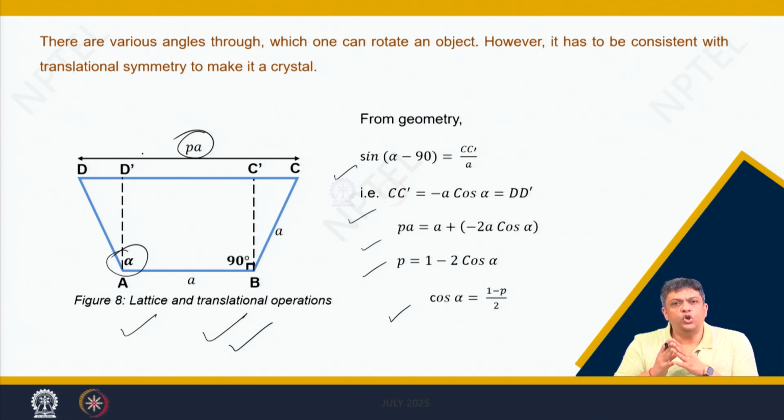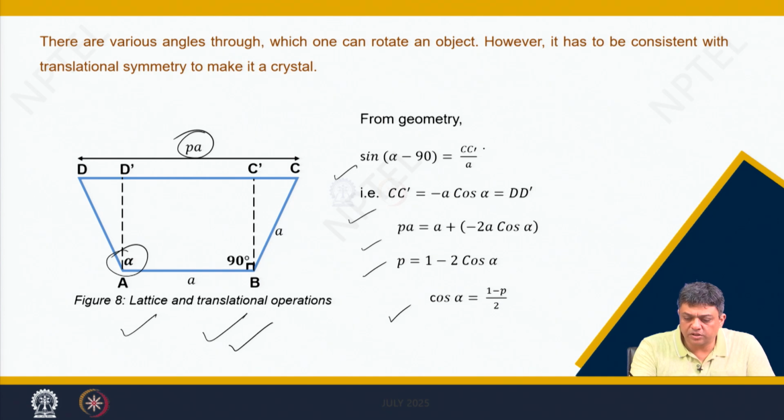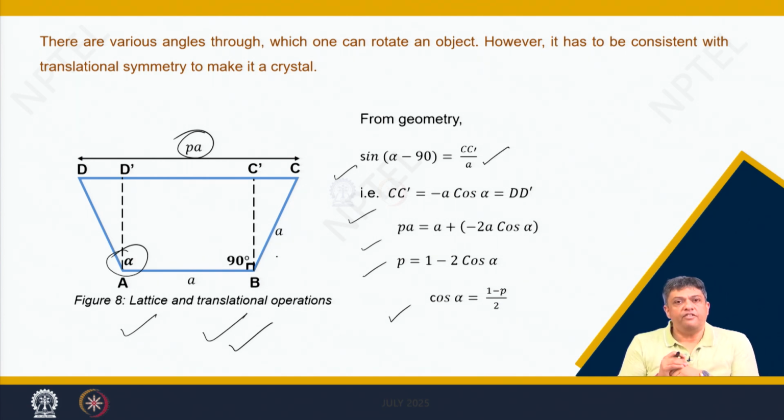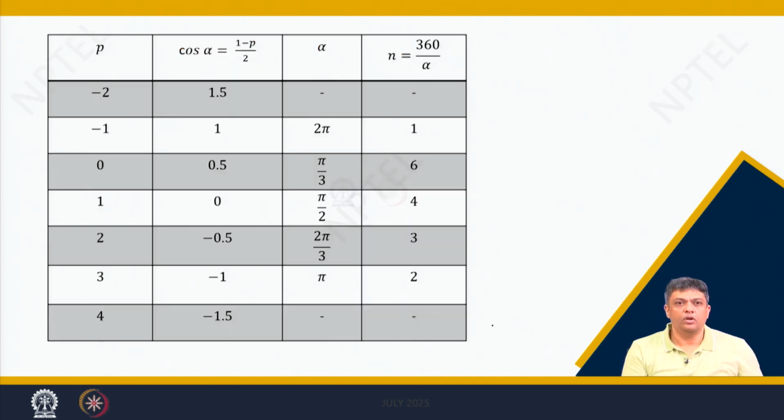Clearly, you will find that sine of alpha minus 90 is CC dash by A, and from there I can then move on to calculate the value of cos alpha. Now, you can go on putting any values of p, fine, very good.